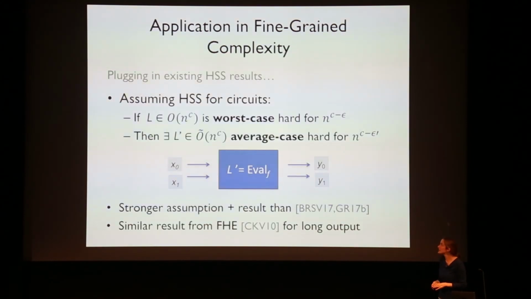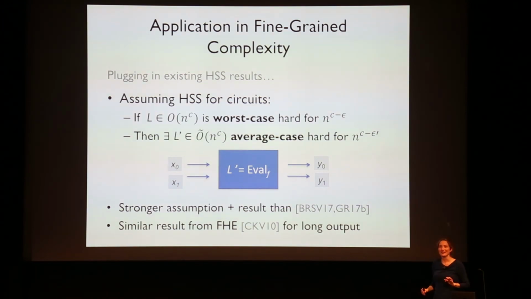As an application, plugging in known existing constructions of homomorphic secret sharing, this gives us, for example, conditional average case hardness for fine-grained complexity. I should give a caveat: this is definitely a hand-waving version, and you should take a look at the paper for the complete theorem statement.